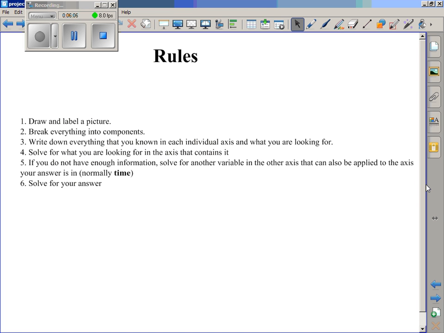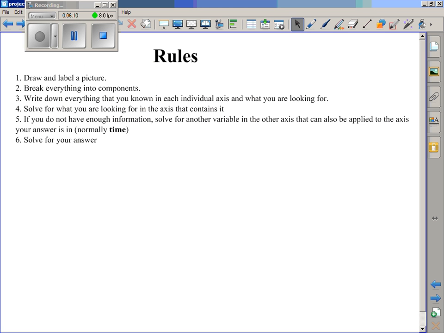So rules for how to do projectile motion. 1. As always, draw and label a picture. 2. Break everything into components if it's not already in components. 3.